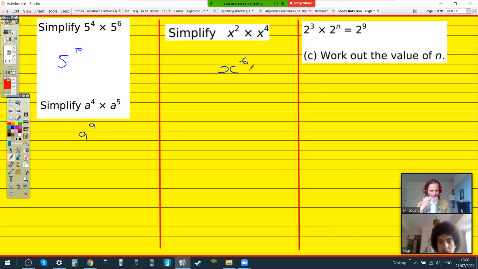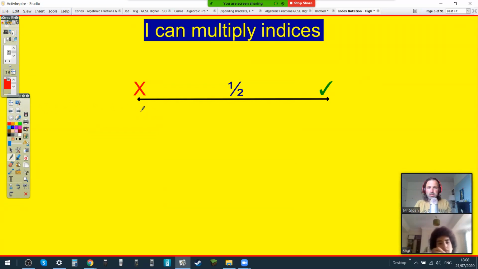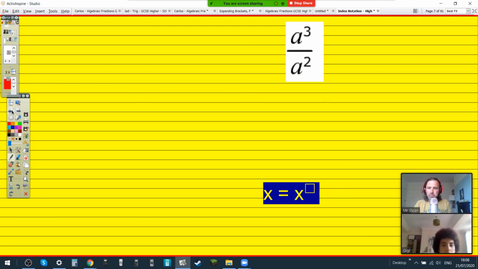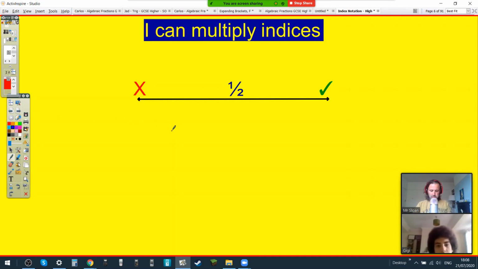And what does it mean by, n is 5? No, 6. Well done. 6 times. Yep, and a 6. That's fine. Okay, multiply indices. Yep, what you give yourself there? Tick.